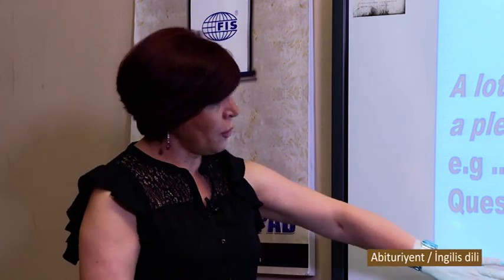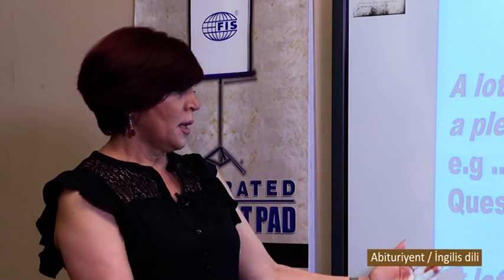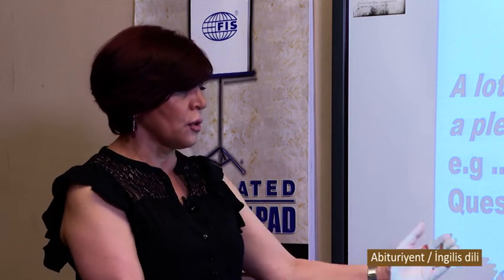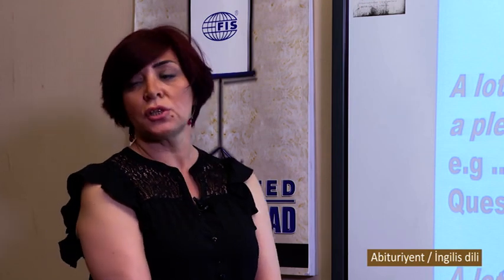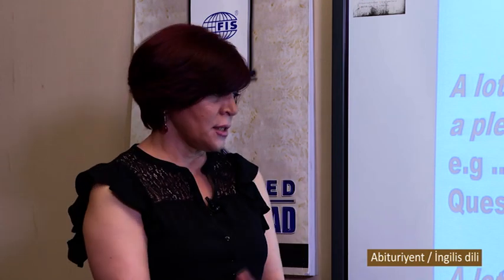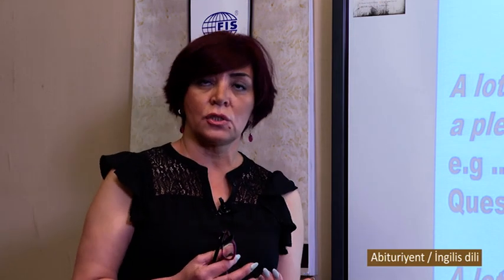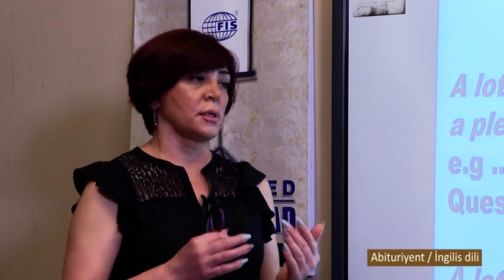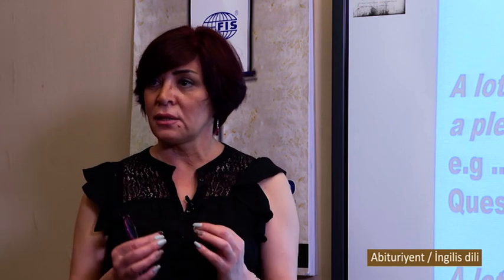Now, what about our non-count nouns? With non-count nouns, we use a lot of, lots of, little, a plenty of, much as well. And how to identify them, you have to remember the categories of nouns.